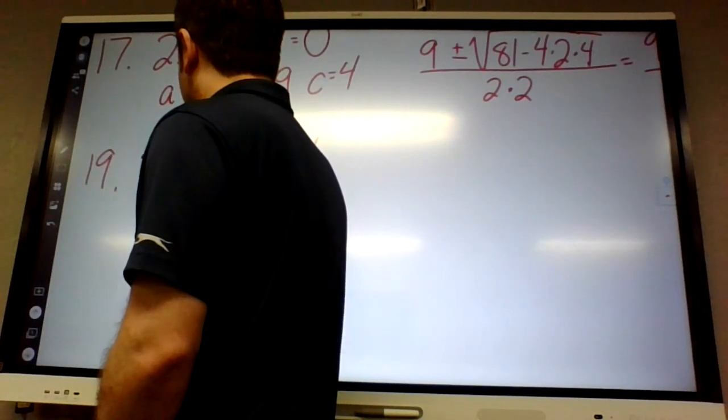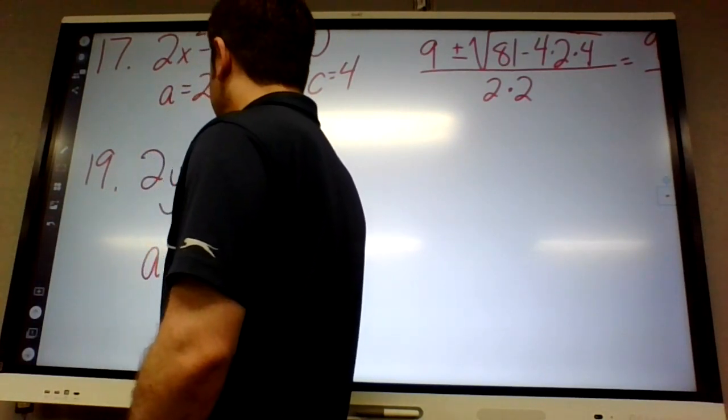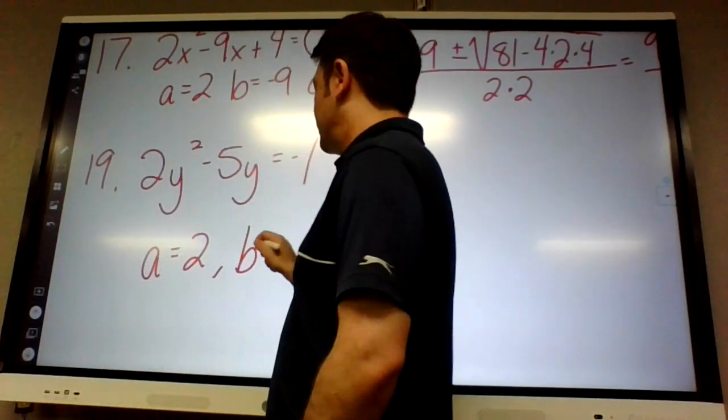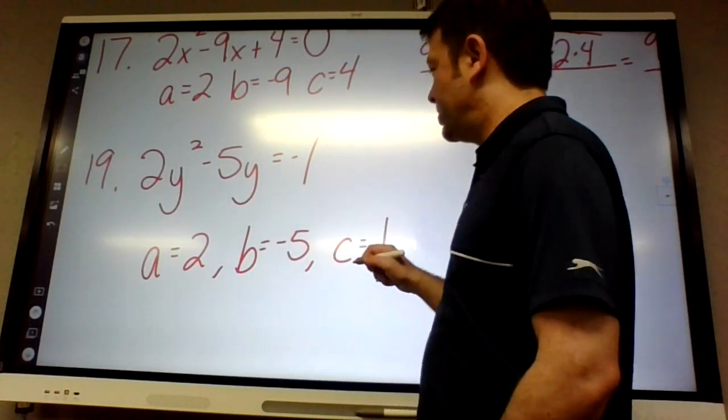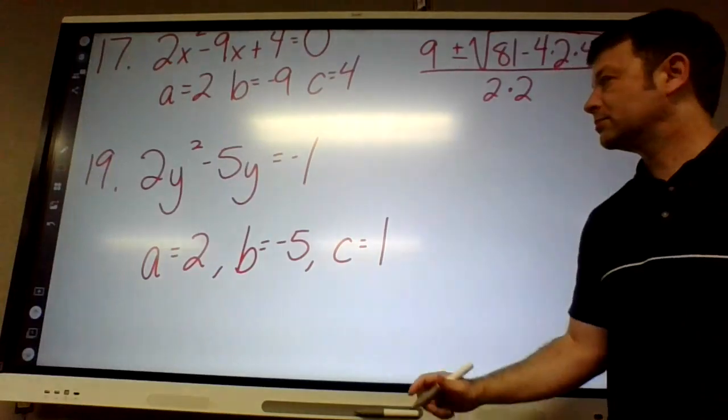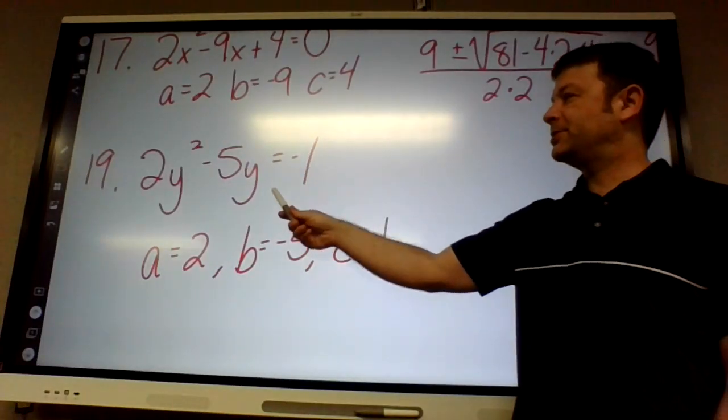All right, anyways, what's my A value? 2. What's my B value? -5. What's my C value? 1. Why is it not -1? Because it had to move over. It's on the wrong side, so it's positive 1.